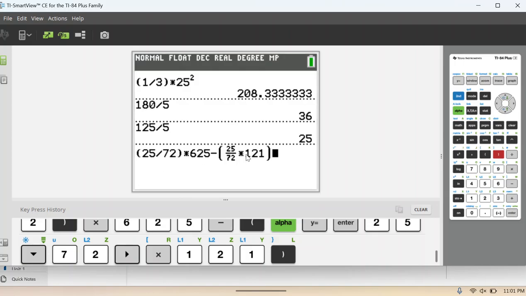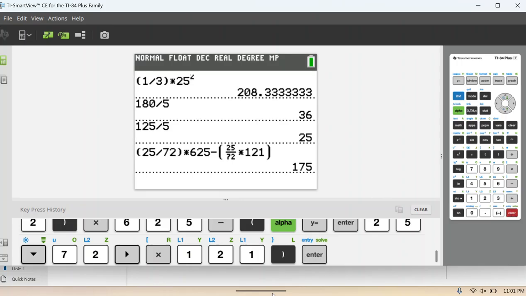So we have this part minus the other part, and that gives us 175.